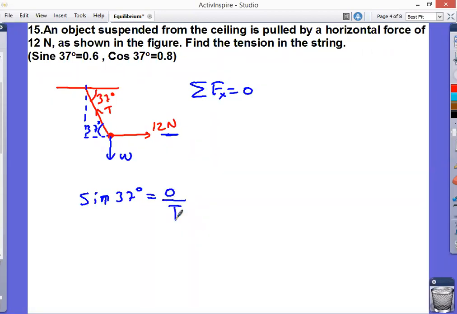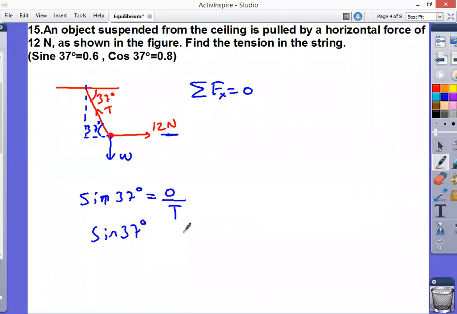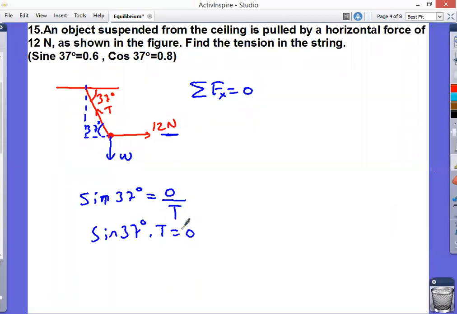Okay, so let's cross-multiply it. So sine 37 times T will be O. Okay, and for the horizontal one, we're going to get cos 37 times T. Oh, this is the horizontal component, okay?